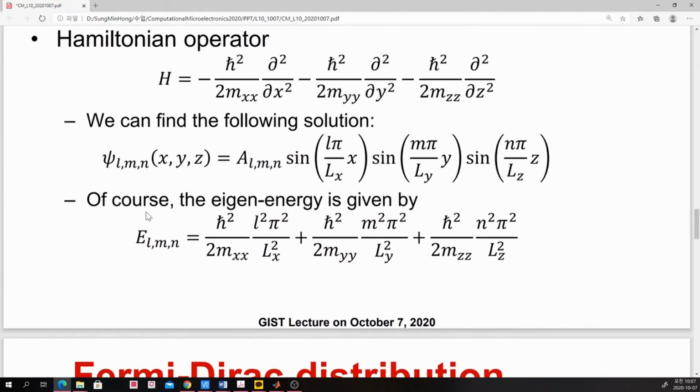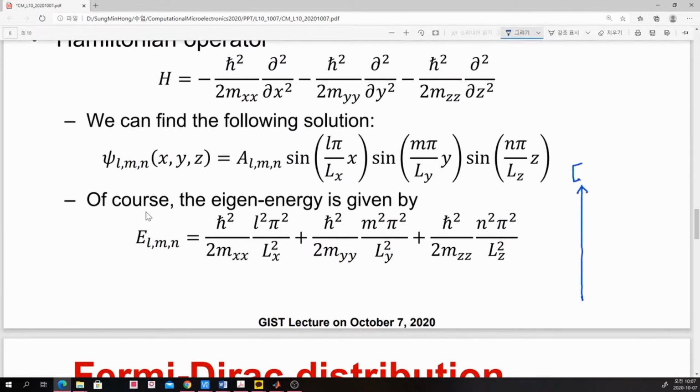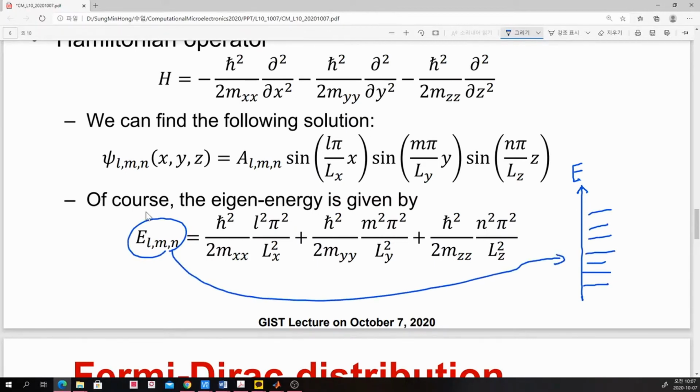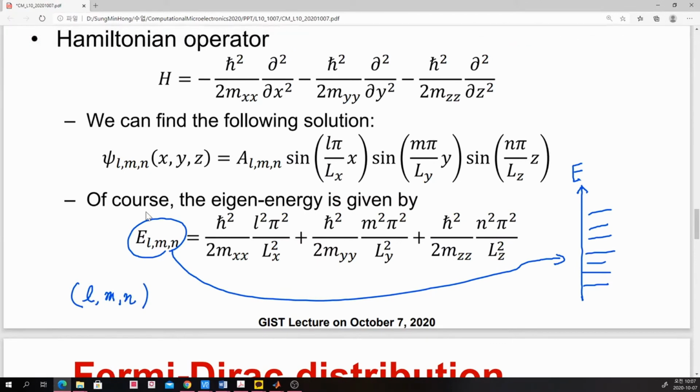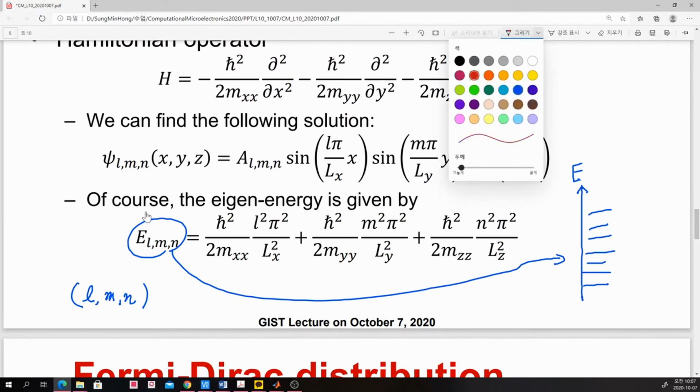Once you have energy states, you can just count them. Here you have energy, and there can be many different levels coming from this triplet. So the L, M, N triplet determines your energy. And when you have this energy state, you can count the number of occupied states at a certain Fermi level.